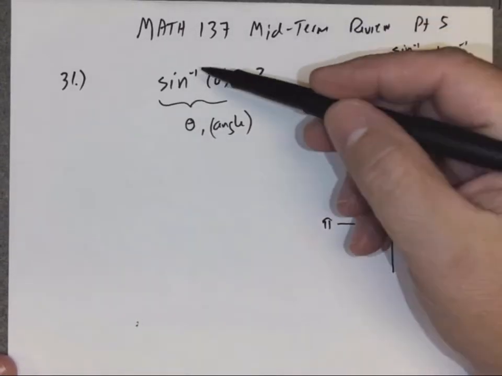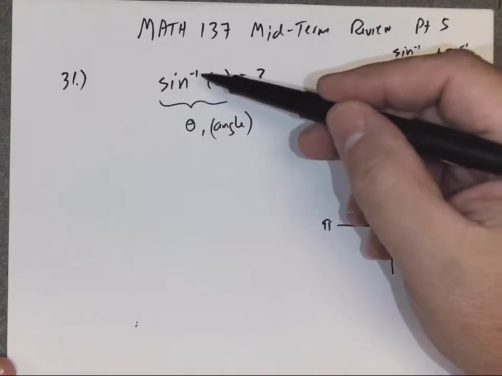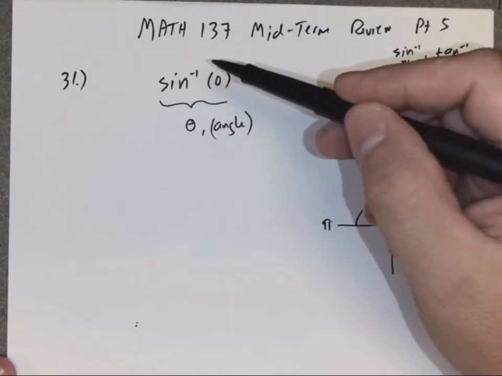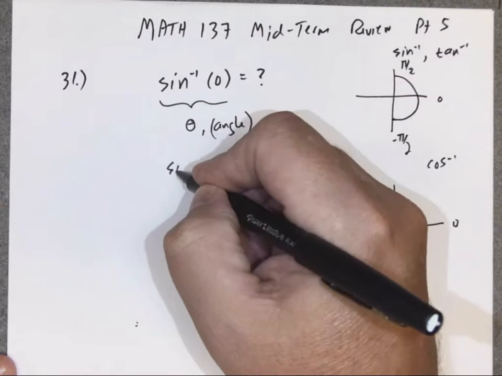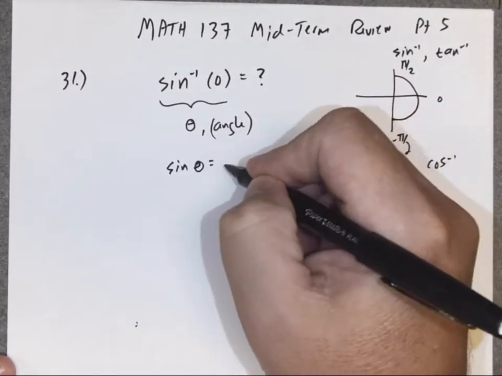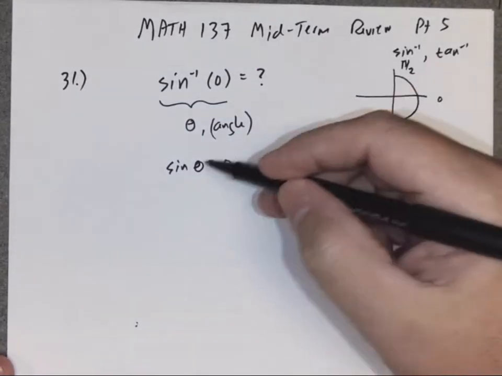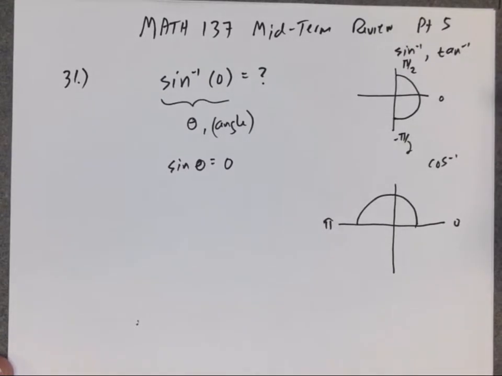So for a problem like this, basically you ask yourself the question, I'm looking for an angle so that when I take the sine of that angle, it equals 0. In a sense, in your mind, you're basically saying, okay, for what angle is the sine 0?